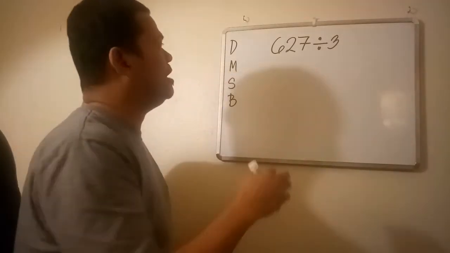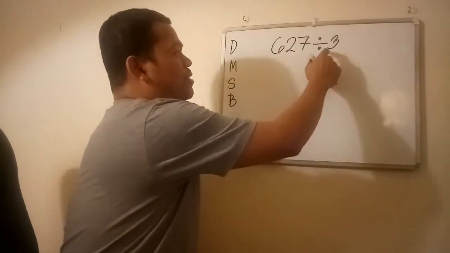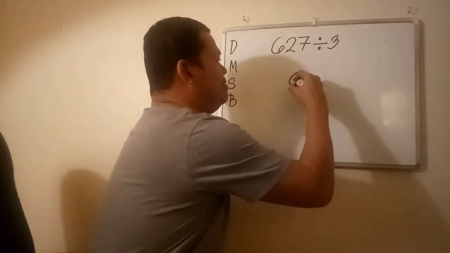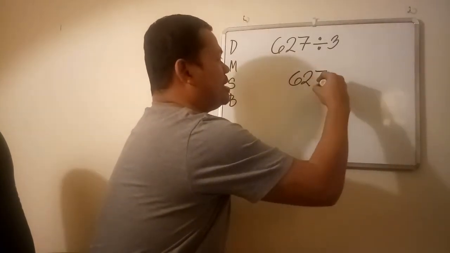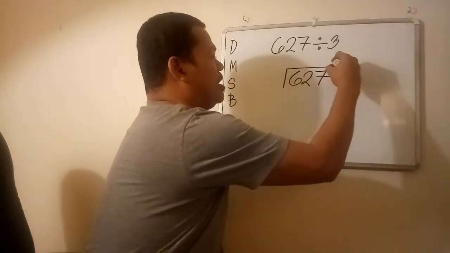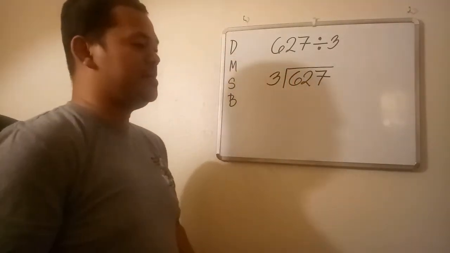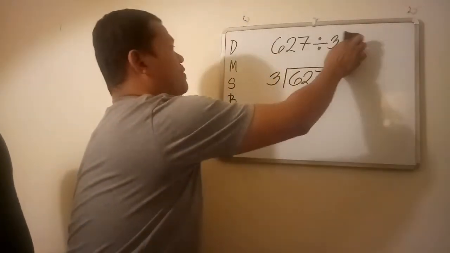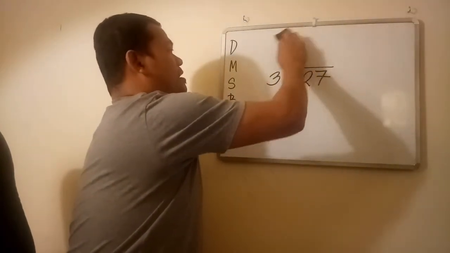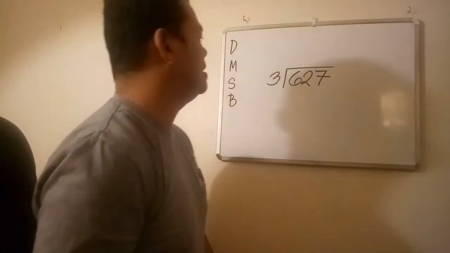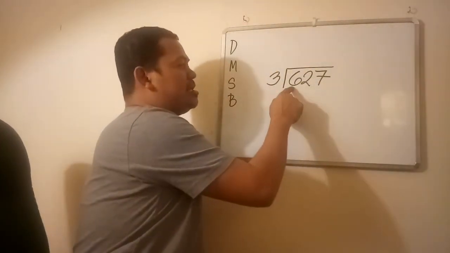So to write it in your standard algorithm, you can write 627 and put that inside, then write your divisor on the side. Let's start by dividing 6 first.